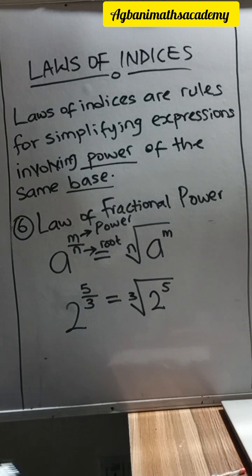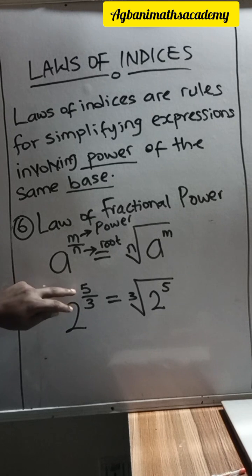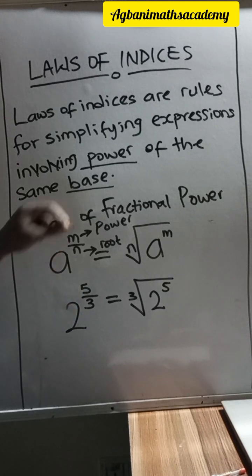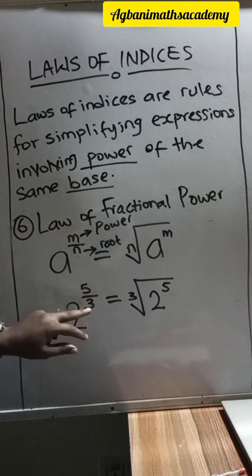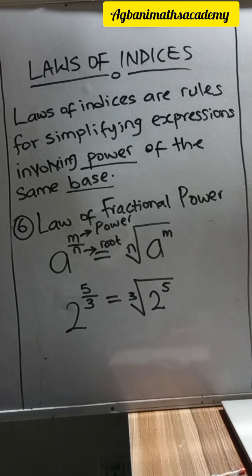Whenever you have a base to the power of a fraction, the numerator of that fraction is a power and the denominator is a root, which is cube root here.